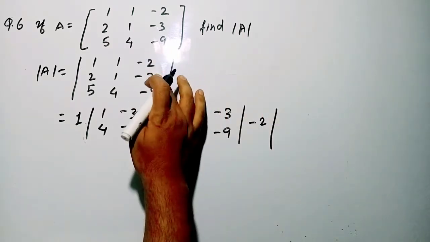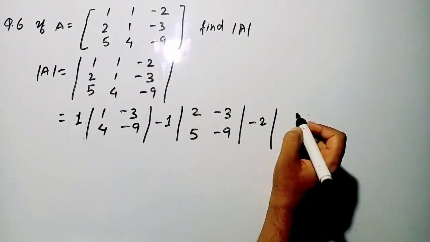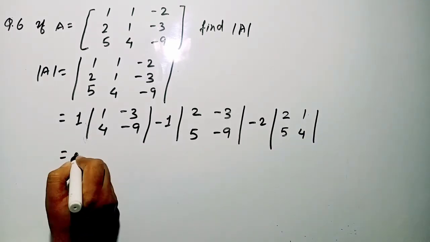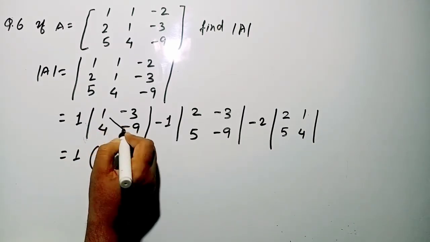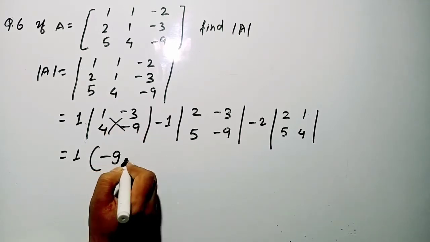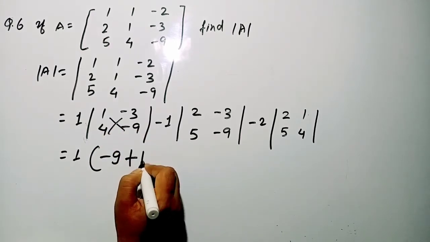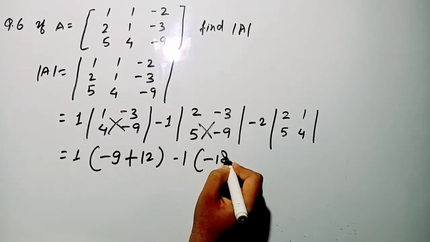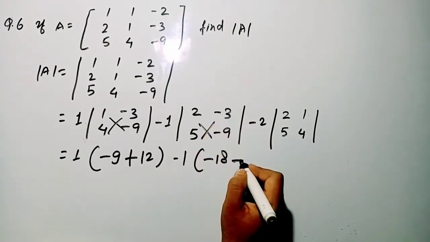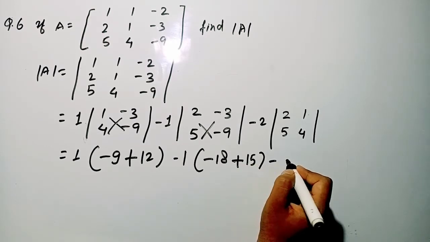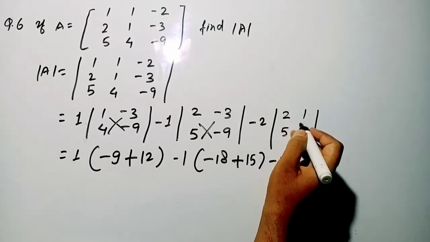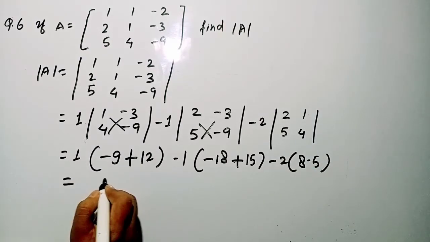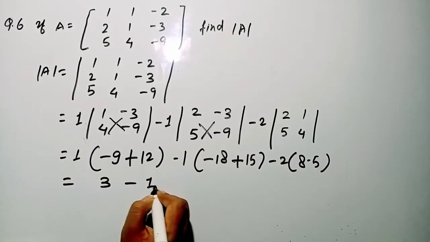Expanding with minus 2, we remove the elements of its row and column, so 2 5 1 and 4, right, students? Doing the cross multiplication, we are getting minus 9, sign of the formula, so there will be plus 12, so minus 1, minus 2 into 9, minus 18, sign of the formula, 2 3 is 15, minus 15, so plus 15, so expanding minus 2, 2 4 is 8, and here is minus 5, so there will be minus 3.